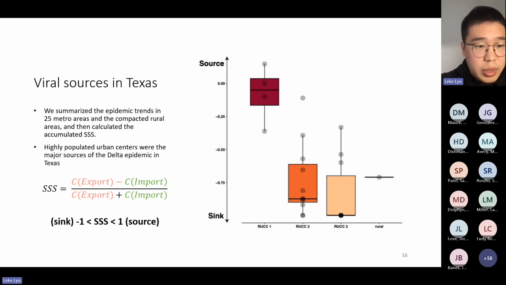So the result is pretty clear. The box plot shown here shows that RUCC1, representing the most populated urban centers, has the highest sourcing score, meaning they are the major source of the Delta pandemic in Texas.